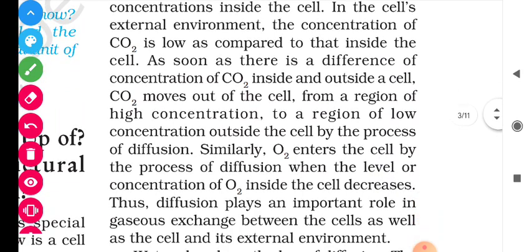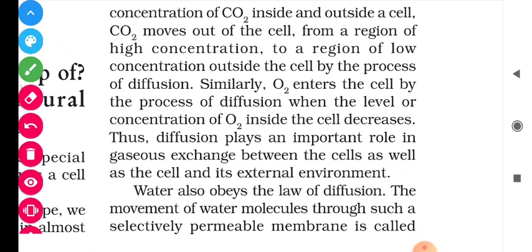As soon as there is a difference in the concentration of CO2 inside and outside a cell, CO2 moves out of the cell from a region of higher concentration to a region of lower concentration outside the cell by the process of diffusion. So this is the simple process of diffusion, in which the flowing of substances takes place from higher concentration to lower concentration.